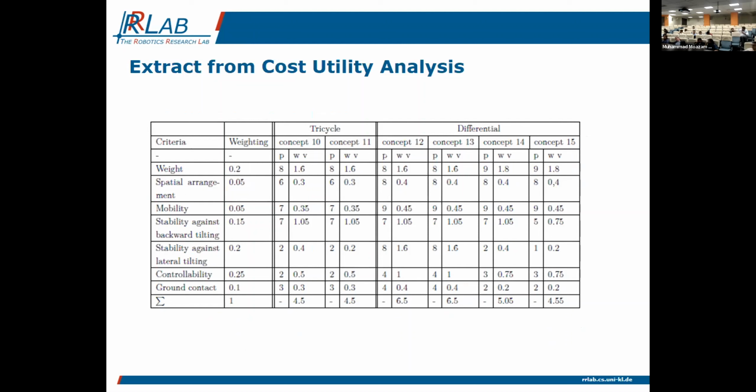And yes, these different concepts we compared in a cost utility analysis that worked in such a way that we had these criteria, and these criteria were weighted. That means more important criteria, like the weight, have a factor of 0.2. Not so important criteria, like spatial arrangement, have just a weighting of 0.05.